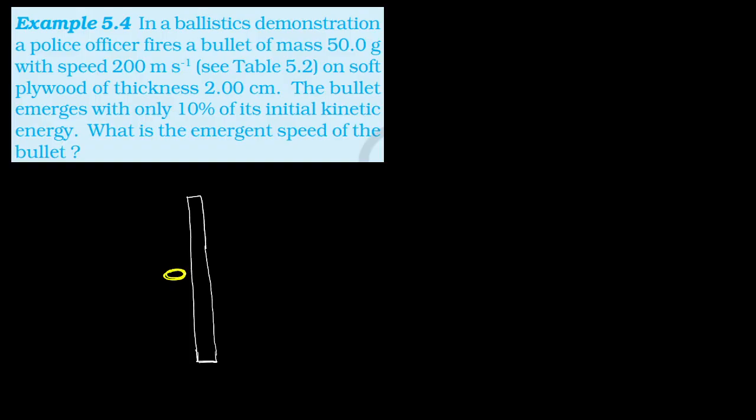Just before hitting the plywood, its initial velocity, mass of the bullet remains the same, right? Mass of the bullet is 50 gram, which should be converted to kilogram, because our unit is kilogram. 50 gram will be 50 by 1000 kilogram.